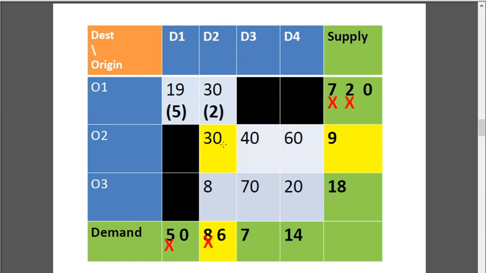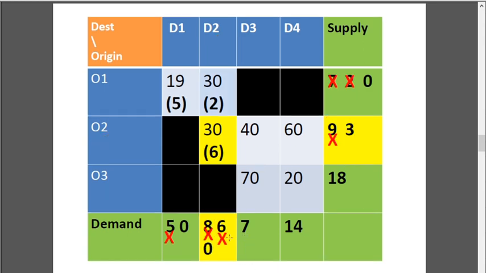Now this is for origin 2 and destination 2. Origin 2 supply available is 9 and the demand required at the destination is 6. So from 9, give 6 units to this destination. So the demand is satisfied. Therefore the demand required further becomes 0.